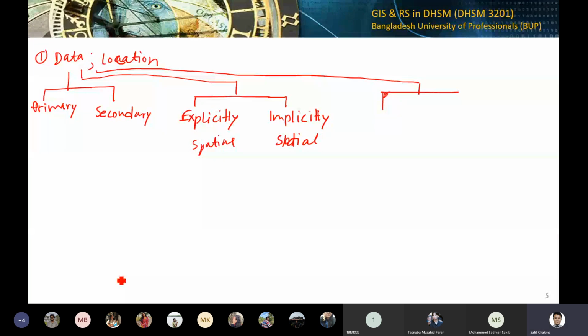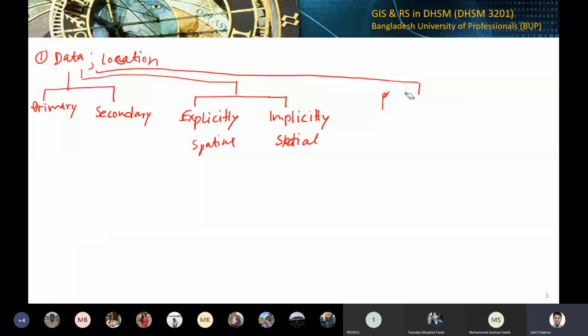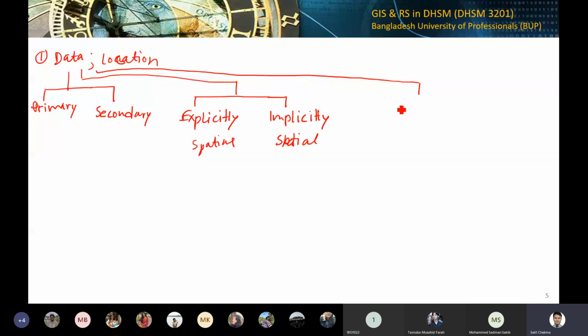Okay, you can simply write aggregation. And from this aggregation arises a concern of ecological fallacy.